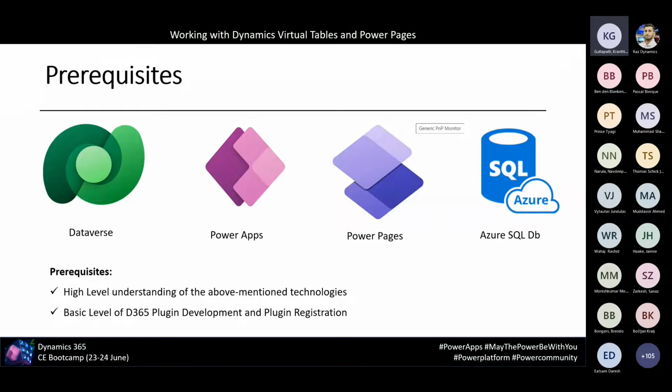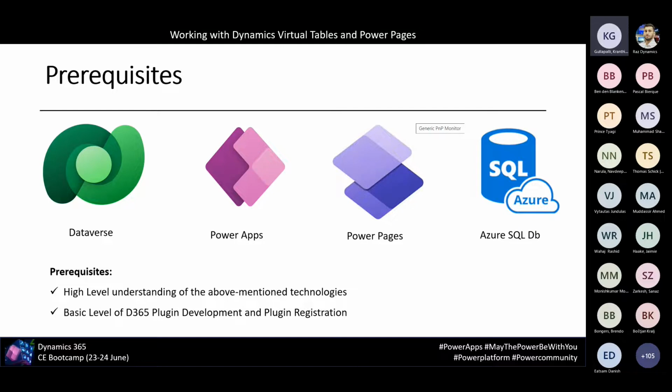The prerequisites are a high level understanding of the above mentioned technologies; just a basic understanding of the three things should be good. Next is a little bit of understanding of plugin development. Plugin development is a core concept of Dynamics 365. A little bit of experience is enough, since we already have the code in docs.microsoft.com.